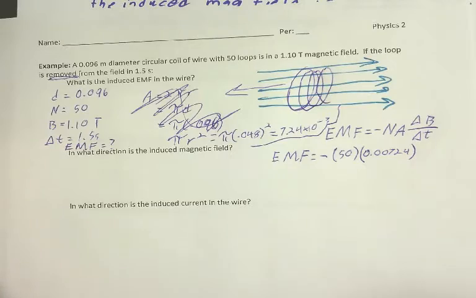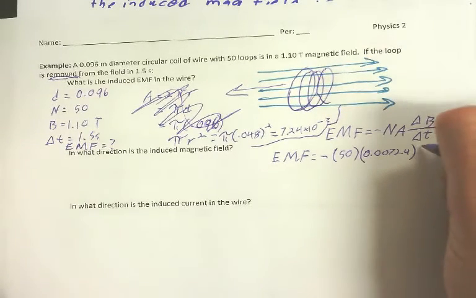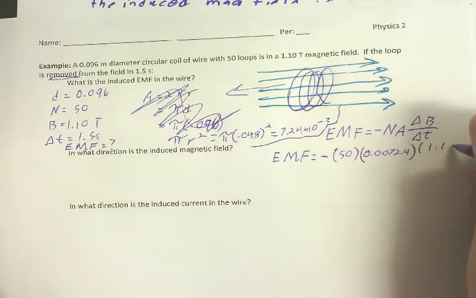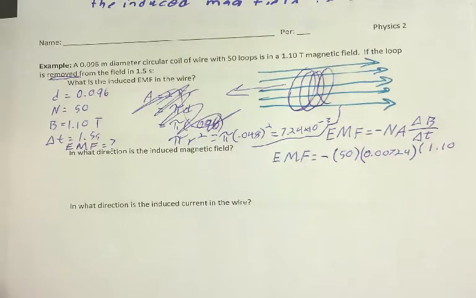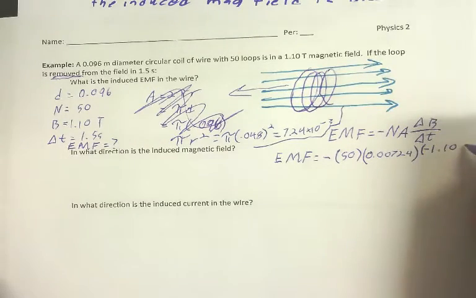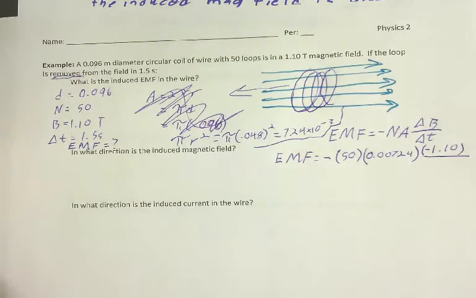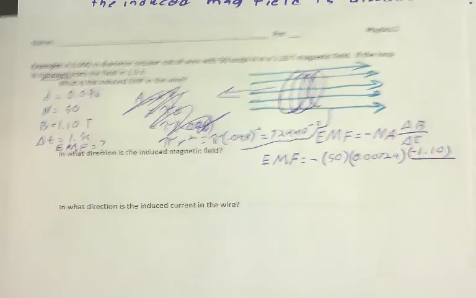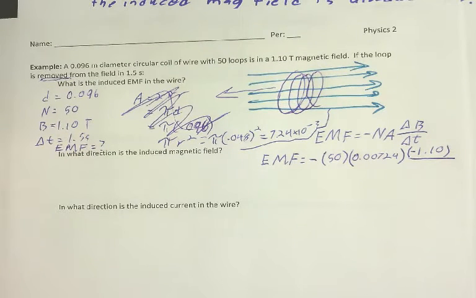So the change is final minus initial. So 0 minus 1.1. So the change in the field is 1.1. However, because I removed it, I decreased the field by 1.1.